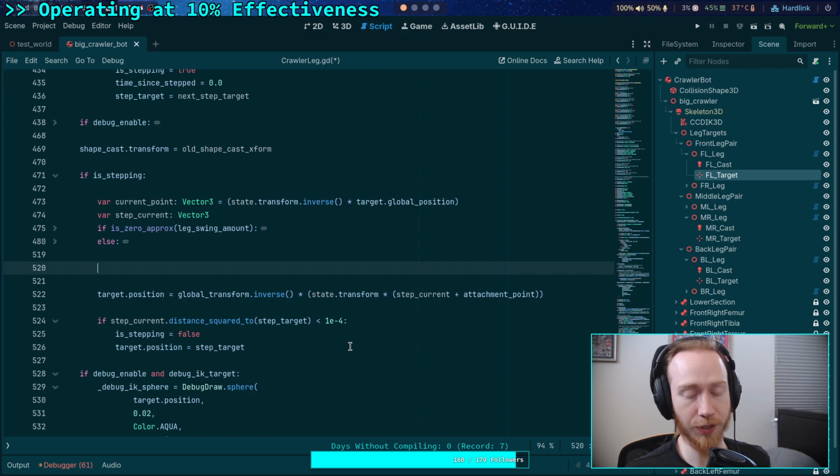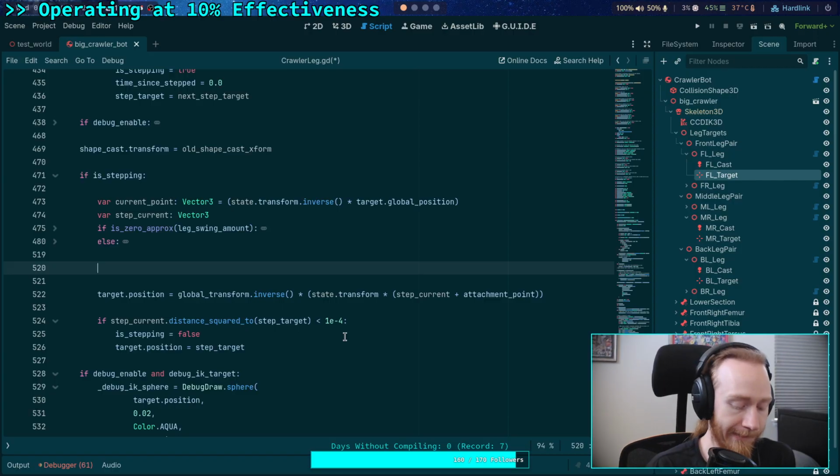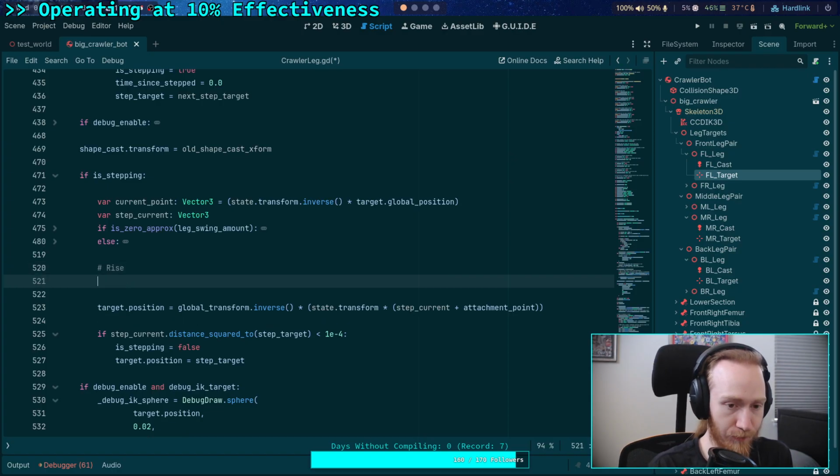So essentially I'm just looking to see if the X and Z coordinates are about the same.